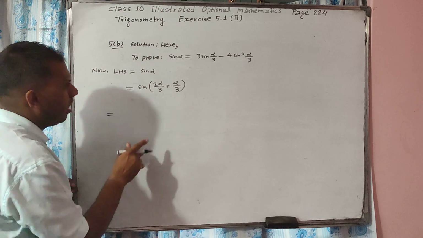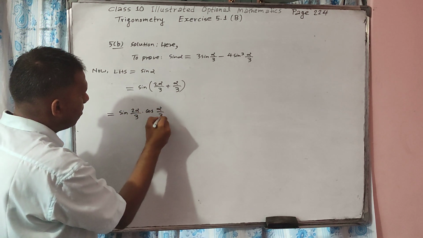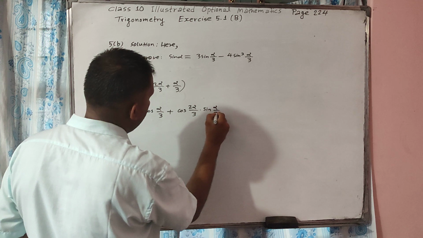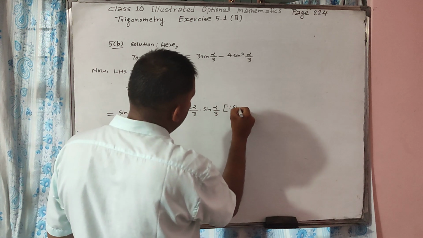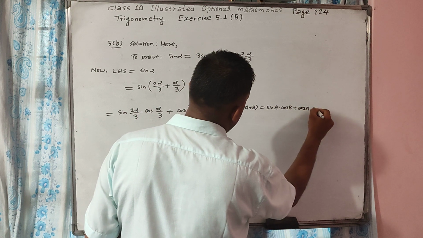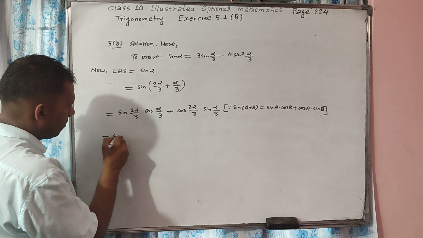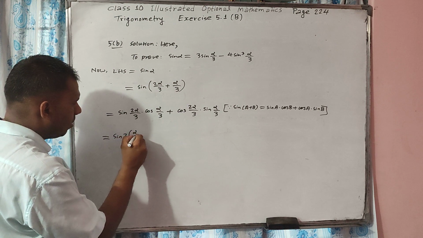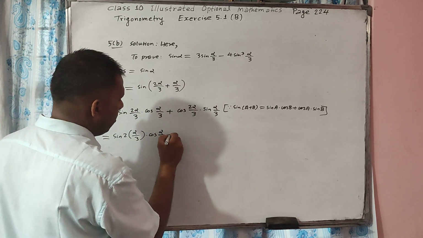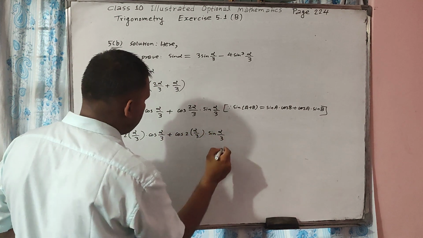Now this equals sin A plus B form. So use the formula: sin 2 alpha by 3 cos alpha by 3 plus cos 2 alpha by 3 dot sin alpha by 3, because sin A plus B equals sin A cos B plus cos A sin B. Now this equals sin 2 into alpha by 3, sin 2A form, dot cos alpha by 3 plus cos 2 into alpha by 3, cos 2A form, dot sin alpha by 3.